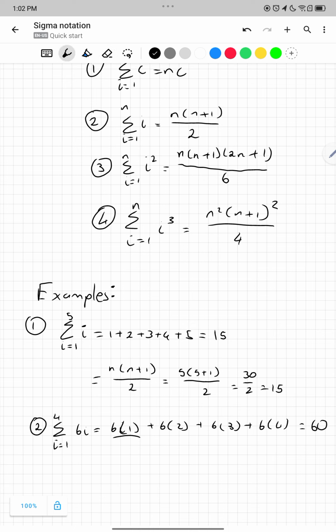So now we're using the formula. We're going to take the 6 to the side. We'll focus on this.